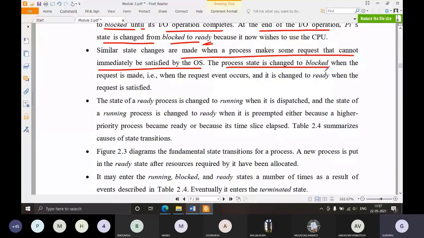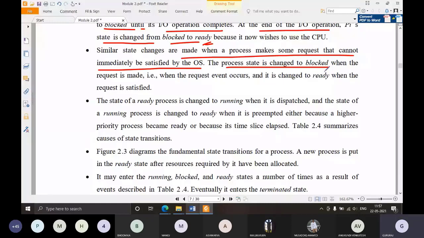Whenever the process requests a resource, it may enter the blocked state because the resource it has requested is not available currently. So for example, some process in running state makes a request for the resource printer.